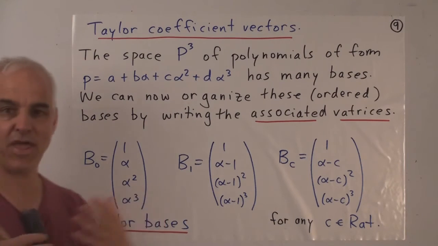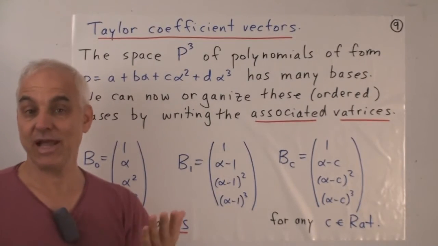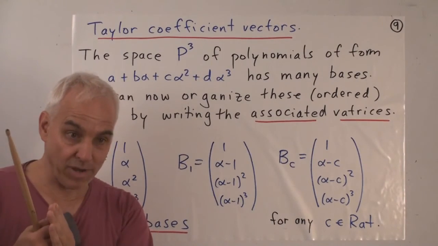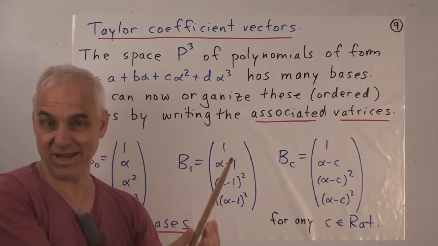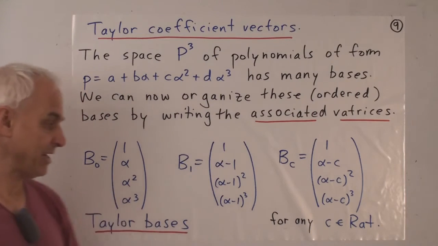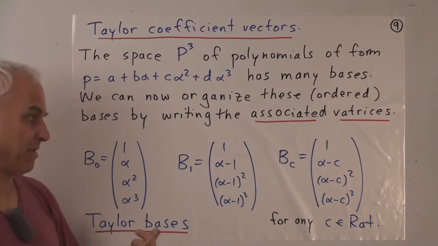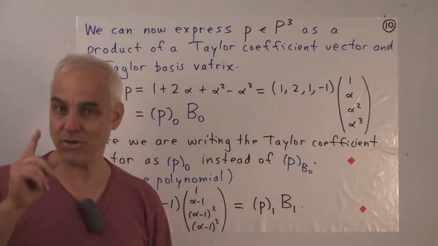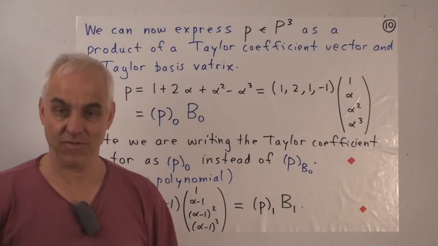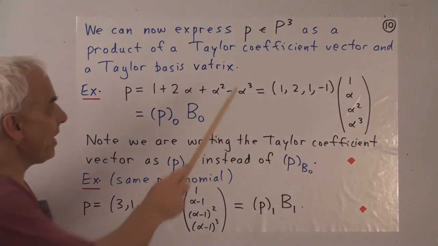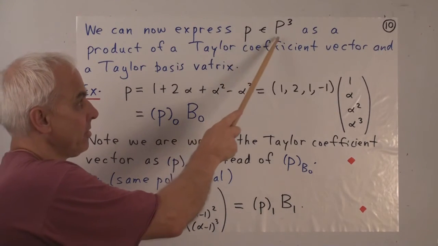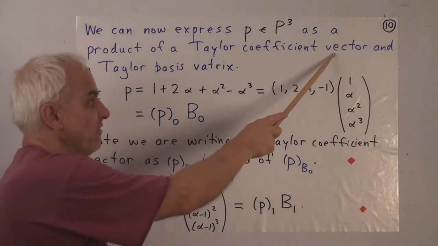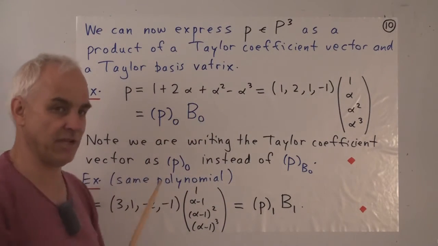We're interested in how they connect with each other because we'd like to go from information about a polynomial at one point to information about that same polynomial at some other point, not necessarily from 0 to 1, but maybe from 2 to 7. So let's now use the framework that we've established with matrices to write an arbitrary polynomial in P3 as a product of a Taylor coefficient vector and a Taylor basis matrix.